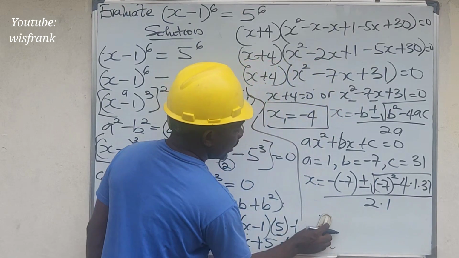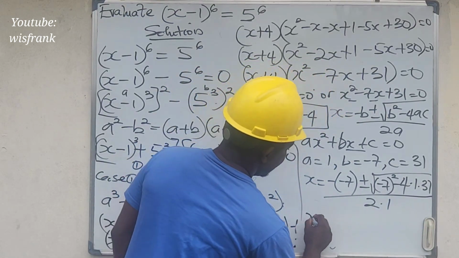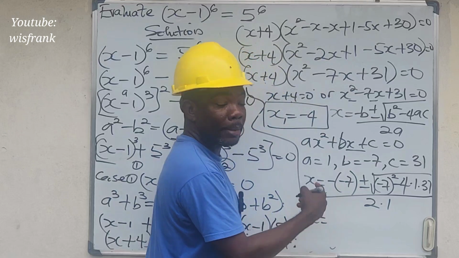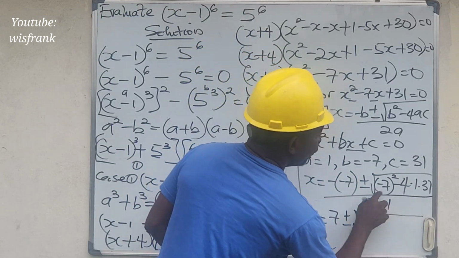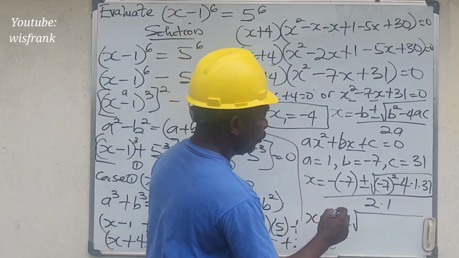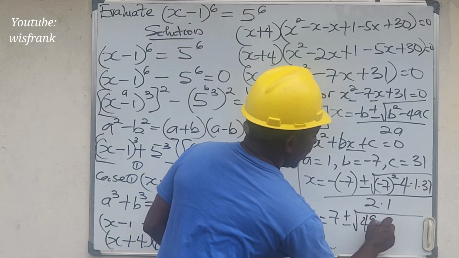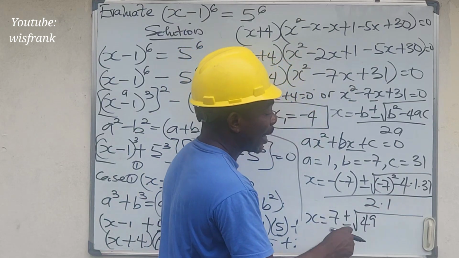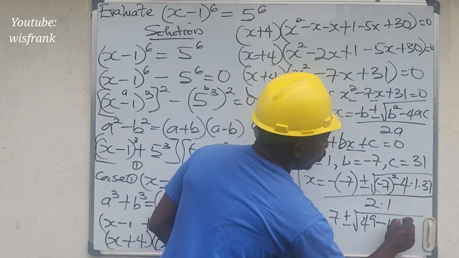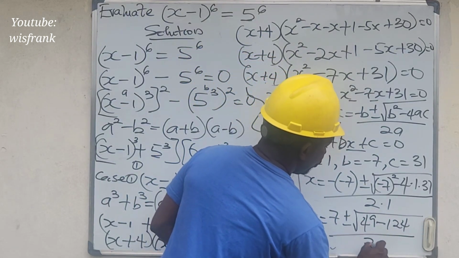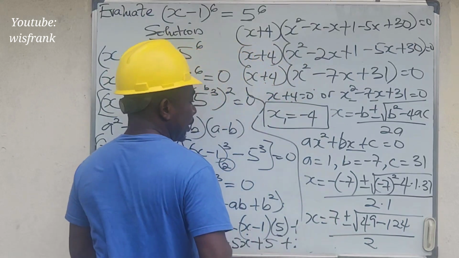So in this case, we have the value of x equals to minus times minus 7 is 7, plus or minus square root of minus 7 to the power of 2 is 49. We have minus 4 times 31 is going to give us minus 124, all over 2. So this is the value of x that we have.